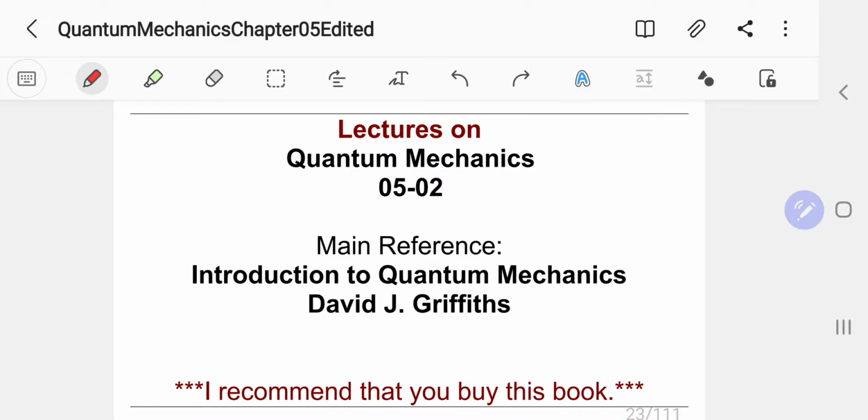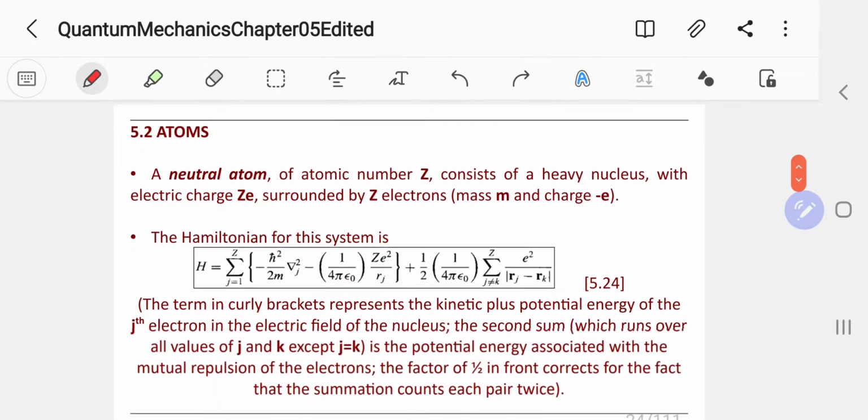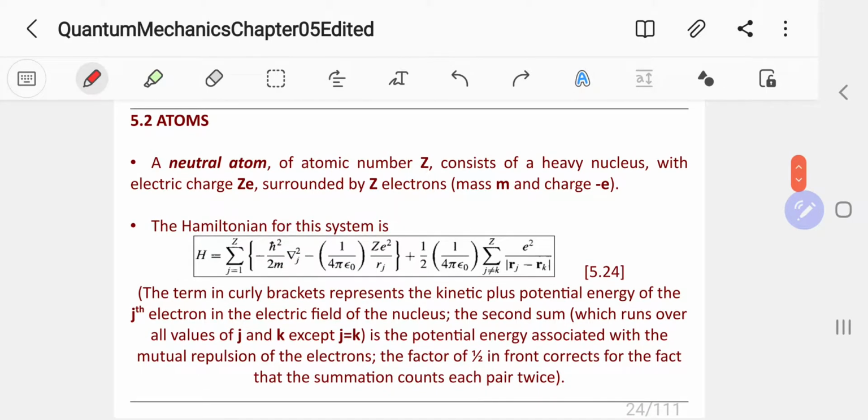So we accidentally stopped at the atoms, but in this lecture we will continue with the atoms. For a neutral atom with atomic number Z, it consists of a nucleus, which is very heavy, and a charge also revolving around the nucleus, and they are the electrons.